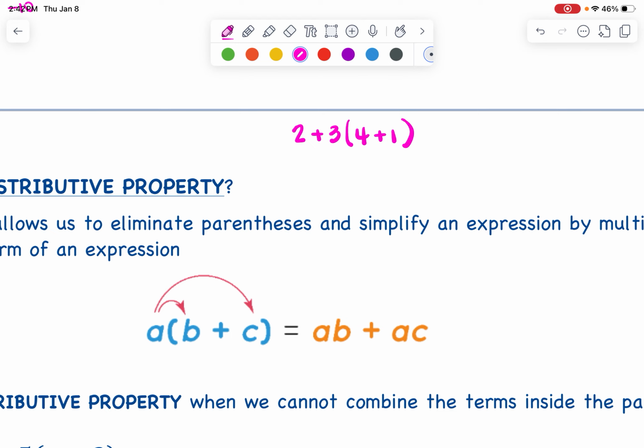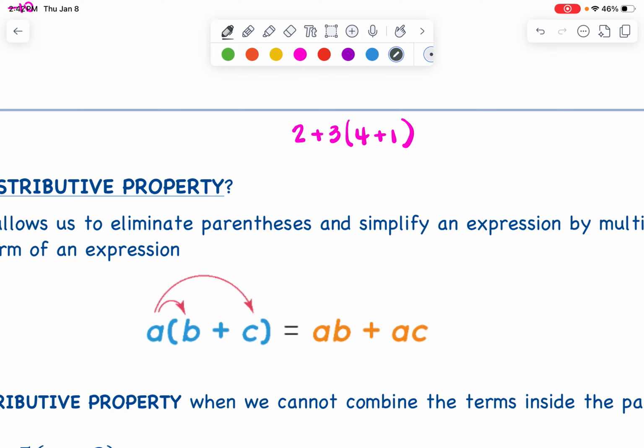Remember, you cannot work a math problem that has parentheses in it until you've done something to get rid of the parentheses. Parentheses are like math prison. We cannot touch any of the numbers inside until the parentheses go away.